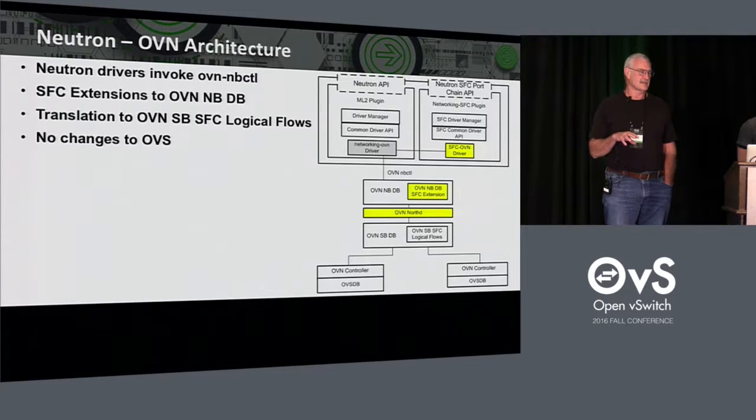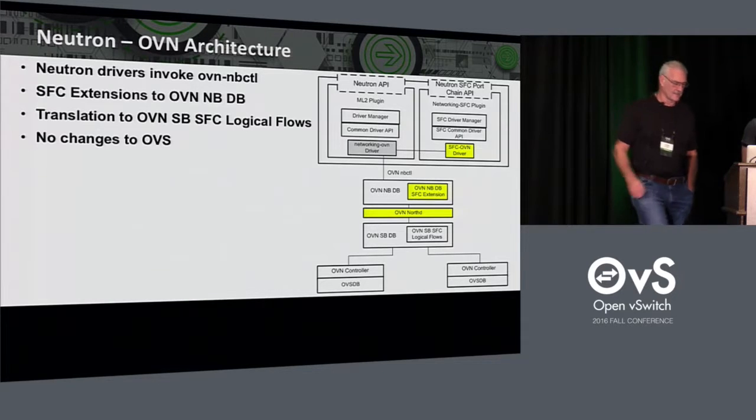Sitting underneath is the ML2 mechanism driver for OVN, which interfaces with the OVN northbound database and creates logical switches based on networks being created within Neutron. We extend that so that we can use our networking-sfc Neutron extensions to map to extensions to the northbound database. Those would then be mapped onto flows that allow us to actually create the port chains.